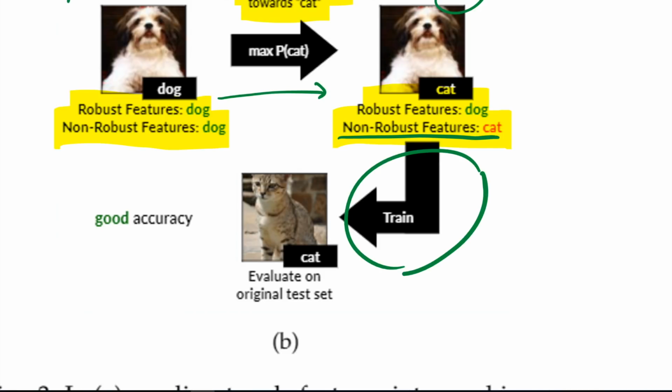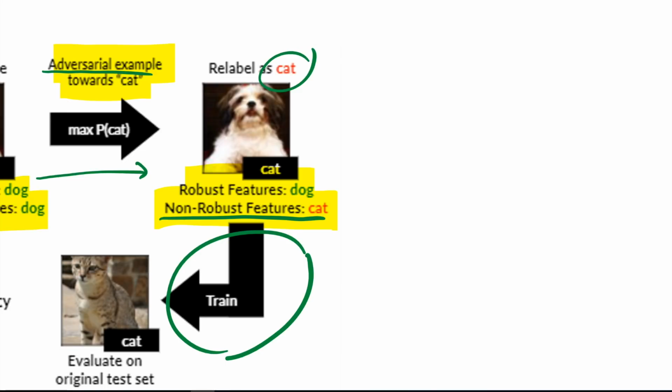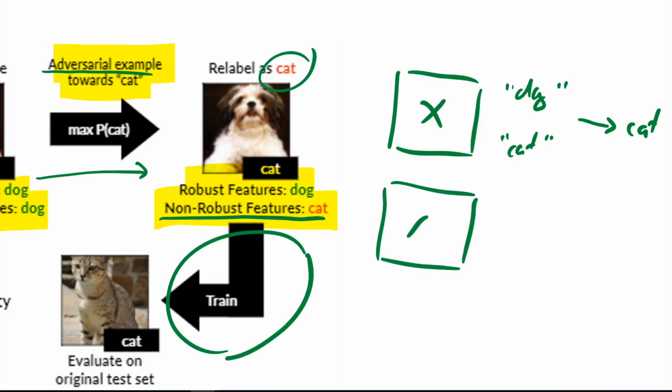Imagine you're this classifier, and what you get is an image x, and it has robust features that say dog, and non-robust features that say cat, and you're asked to predict cat. And then you see the next image, x2. Maybe it's derived from some other class, so the robust features say plane, but the non-robust features again say cat, and you're asked to predict cat.